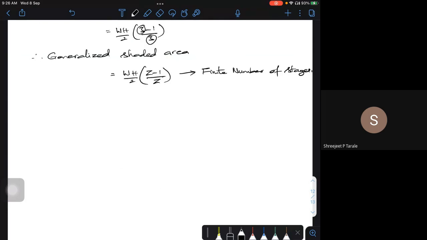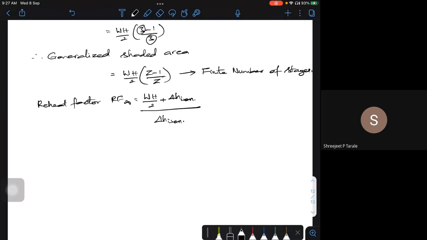The reheat factor, RF for an infinite number of stages, will be the area of the triangle plus delta H isentropic, which is an extra term, divided by delta H isentropic. Under this condition, I get a reheat factor which will be greater than 1.